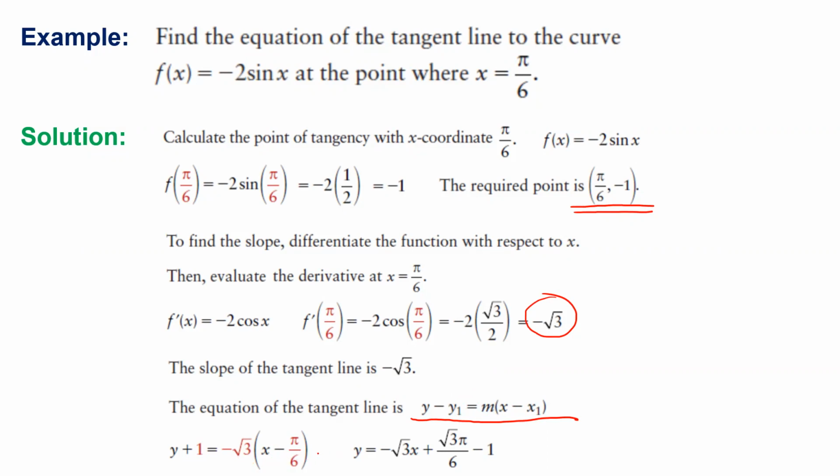Then we convert this line to the slope intercept form, which is y equals negative square root of 3 times x plus square root of 3 pi over 6 minus 1. Okay, any questions? I'll give you 2 minutes to have a look at the solution. Any questions, just let me know, okay?